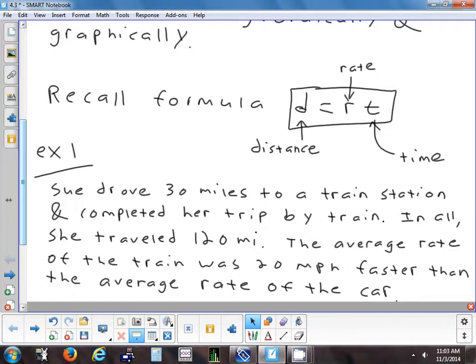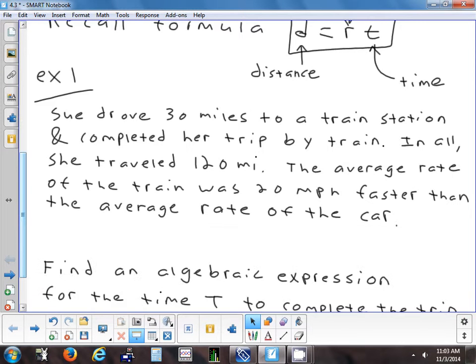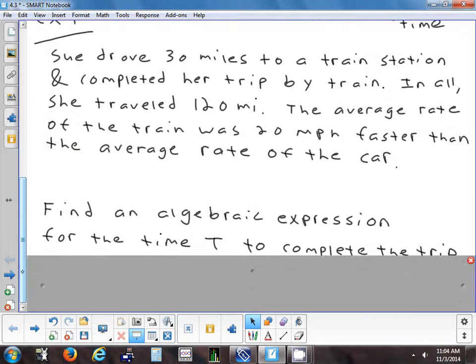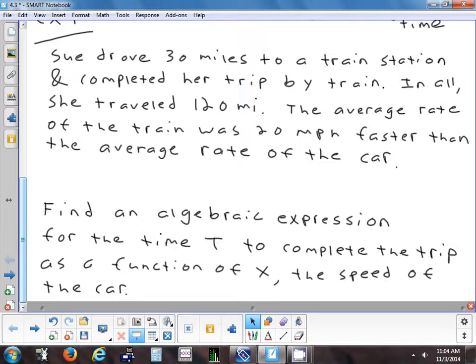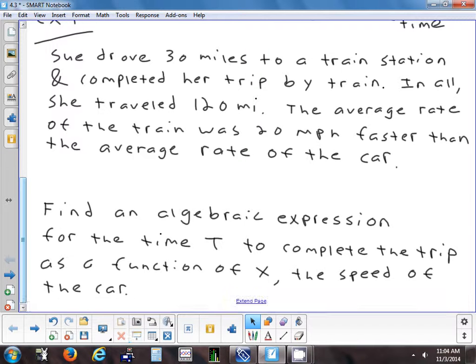We're going to need that fact, and we're going to use it to find an algebraic expression for the time that it's going to take to complete this trip. First thing we have to figure out is how many different times do we have? She's going to be traveling by car for the first part and by train for the second part.